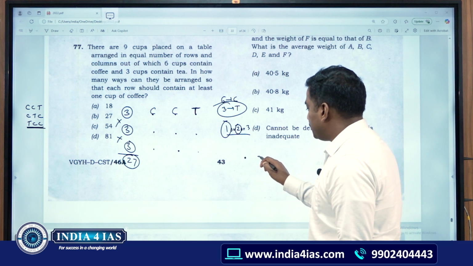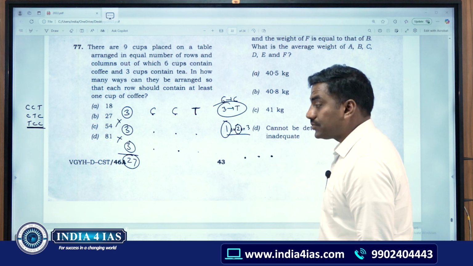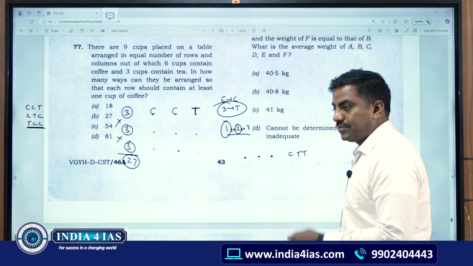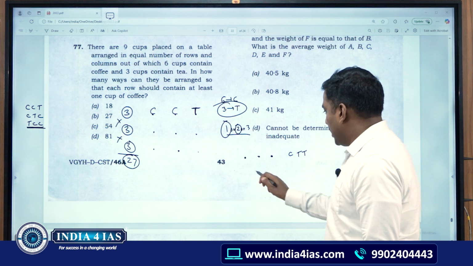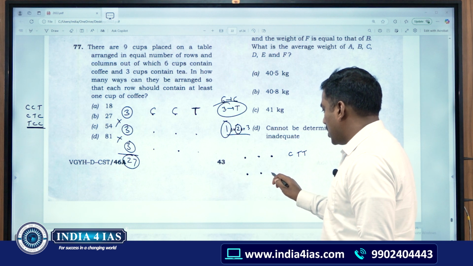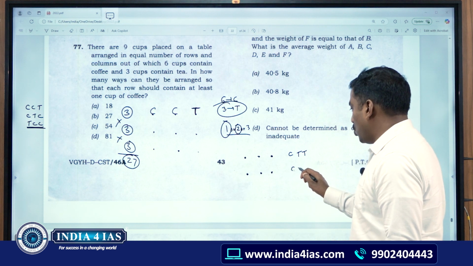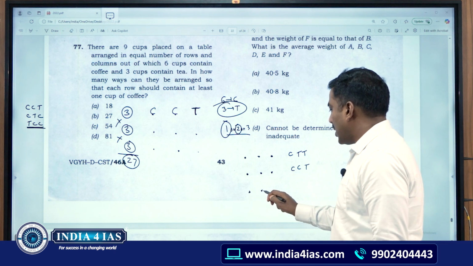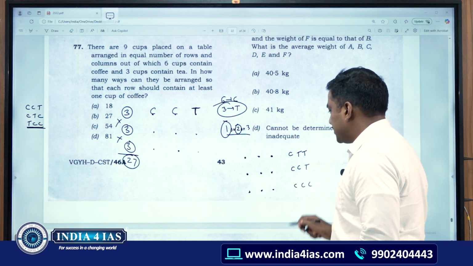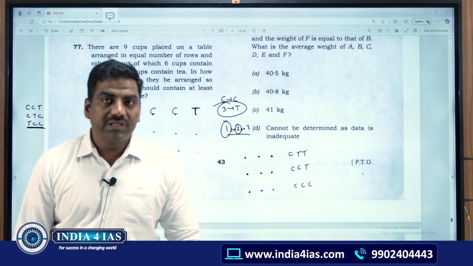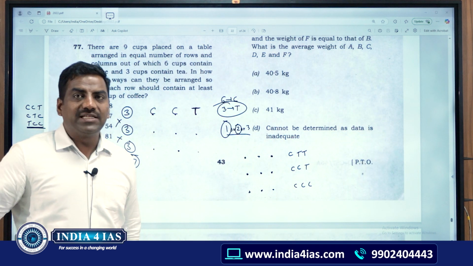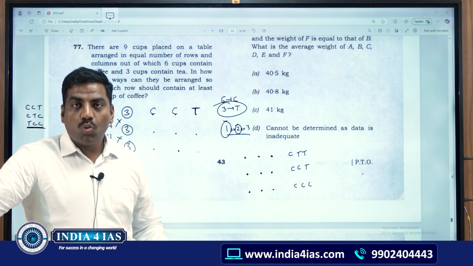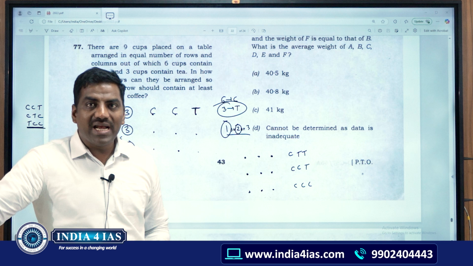In one row I can use 1 coffee and 2 teas. In another row, 2 coffees and 1 tea. And in the last row, all 3 coffees. This is one more possibility. Either 2, 2, 2 in each row or 1, 2, 3, and these numbers can vary: 1, 2, 3, 2, 3, 1, 3, 2, 1, anything can happen.